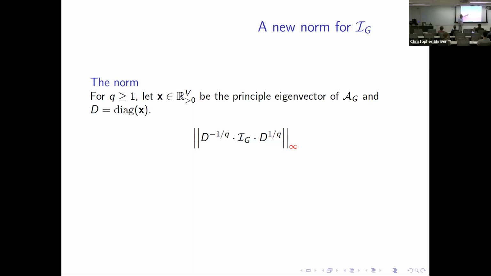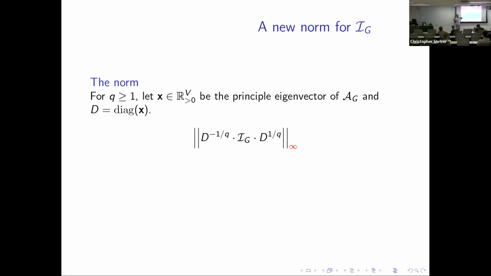I'm using this matrix norm here for the influence matrix. So what is this matrix norm? I have this matrix D, a diagonal matrix, whose diagonal entries correspond to the entries of the principal eigenvector of the adjacency matrix.